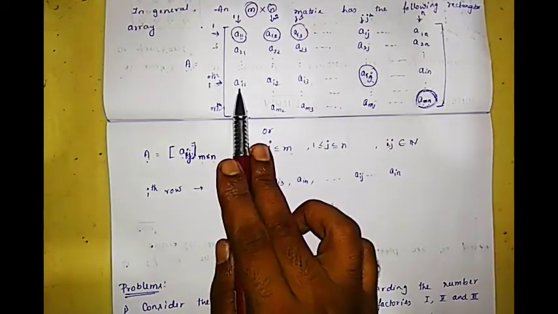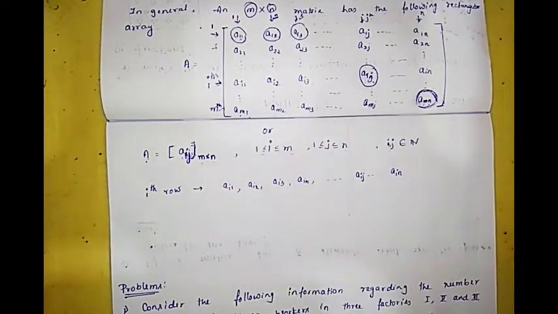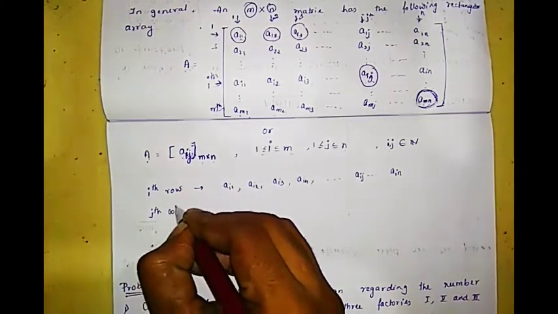Look at the elements in the ith row: ai1, ai2, ai3 up to ain. Let me take the jth column elements.